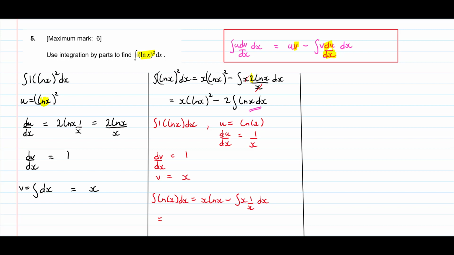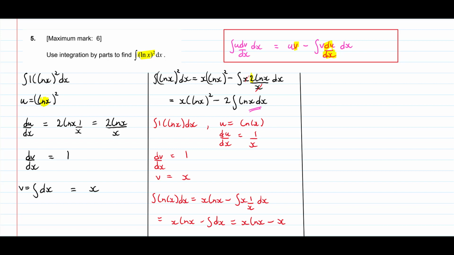So that is going to equal x ln x minus the integral of 1. So we can just take the integral with respect to x, and that is equal to x ln x minus x. Okay, normally we would write the constant of integration, so plus c, but I'll just write the constant of integration right at the end of our problem.